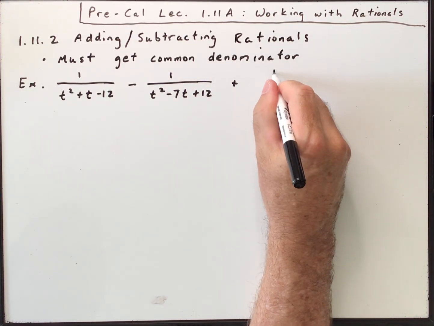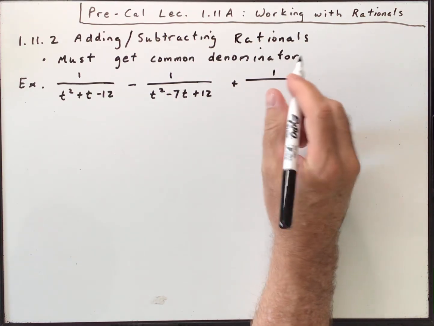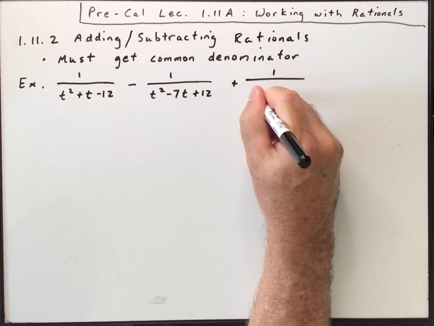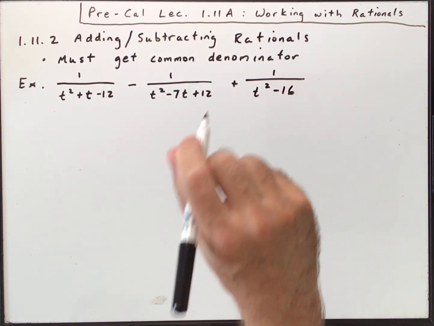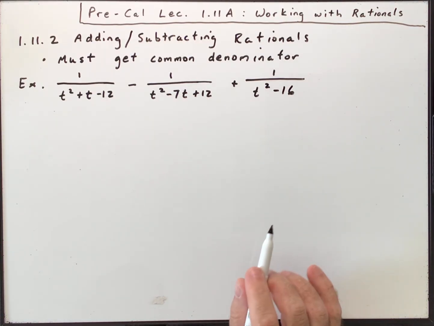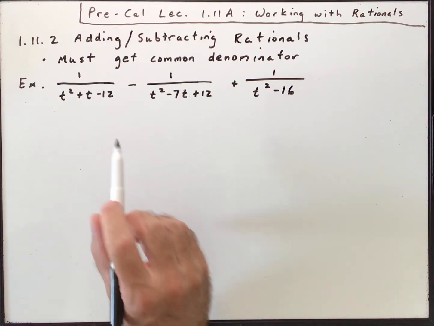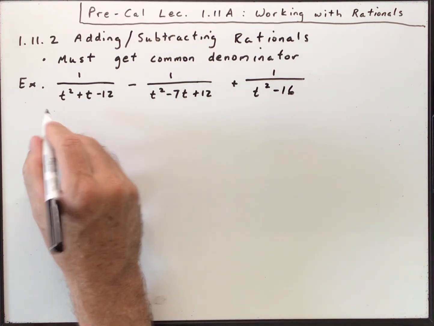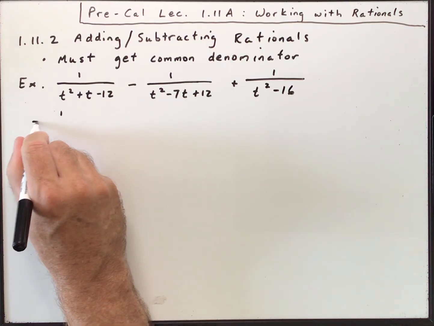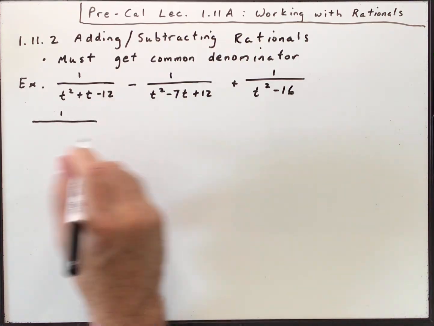When you write them down wrong, and I've done that in the classroom before, 1 over t squared minus 16, then you'll try to factor and it won't work. So, all right, the first thing you want to do is factor. So let's factor each denominator.